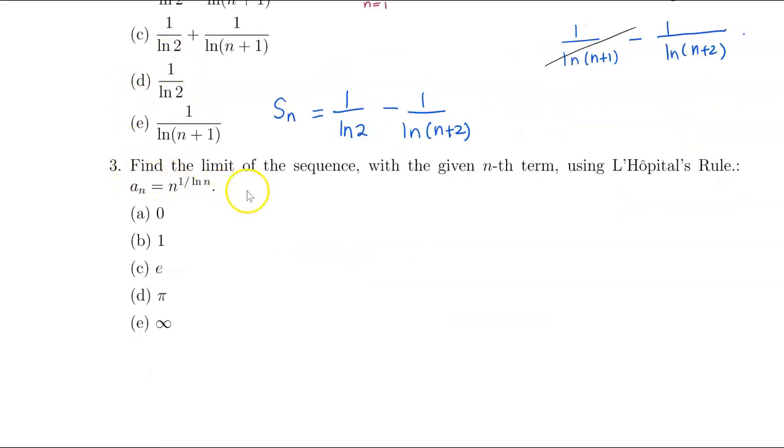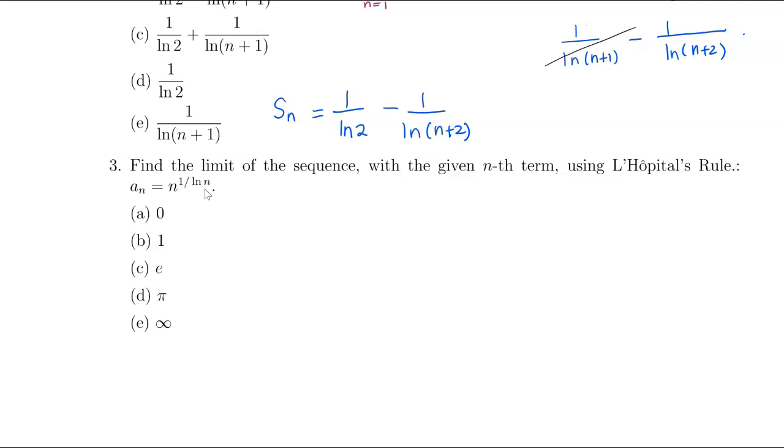Next number, we are to find the limit of the sequence with the given nth term using L'Hopital's rule. Your A sub n is equal to n to the 1 over ln n. Now this could also be the solution when you're asked to determine whether your sequence is convergent or divergent, or whether the series is divergent if you use the divergence test.